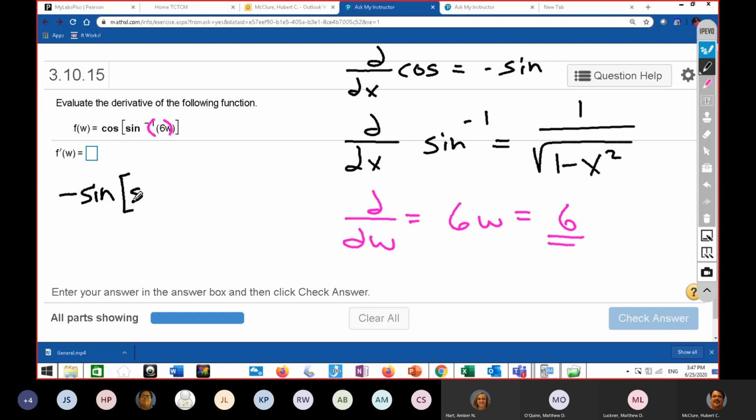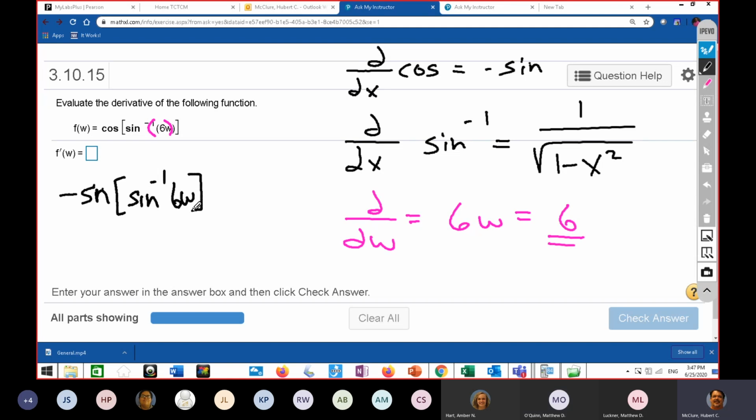Sorry. The inverse sine, and then put brackets, inverse sine of 6w, because you have to carry that. That goes with it.